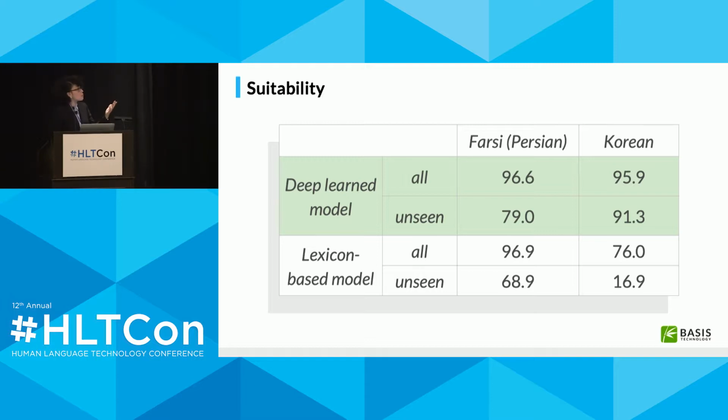And in this case, it really matters what language you're dealing with. Farsi and Korean are really different languages. And it is possible to produce a dictionary for Farsi that covers the vast majority of the words. However, and I'm not a linguist, but Korean is a language that works pretty differently. It's much more productive, and creating such a dictionary would be very challenging. Thus, the question of suitability really comes down to these technical and linguistic questions about the languages themselves.